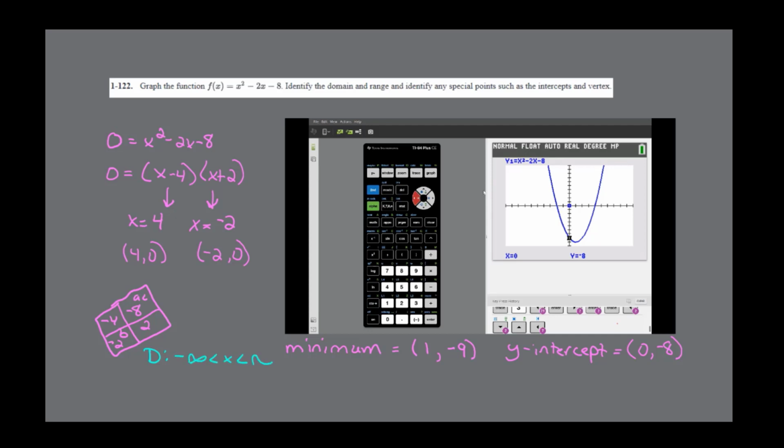So it's all real numbers. The range in this case, we've figured out what our minimum is. And so that means our range is negative 9 is the lowest y. And so it's less than or equal to y, which is less than infinity because it goes up to positive infinity. And that should answer all the questions for 1-122.